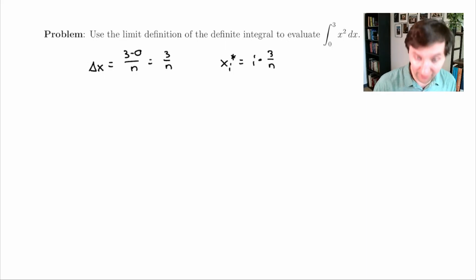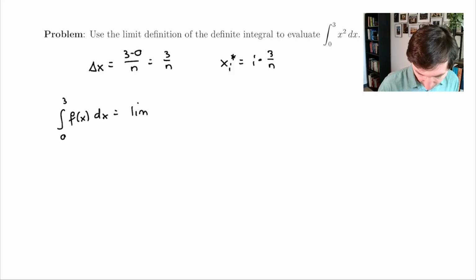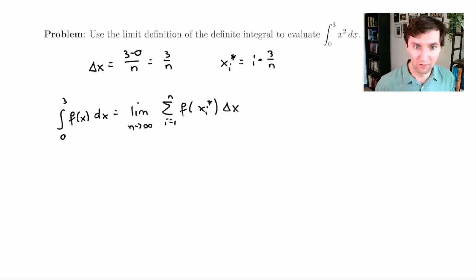3 divided by n. The limit definition of the definite integral says that to compute the definite integral from 0 to 3 of any function f of x dx, we compute the limit as n goes to infinity of the sum starting at 1 ending at n of f of the sample point times delta x. We already know what a sample point is, and we know how much delta x is.